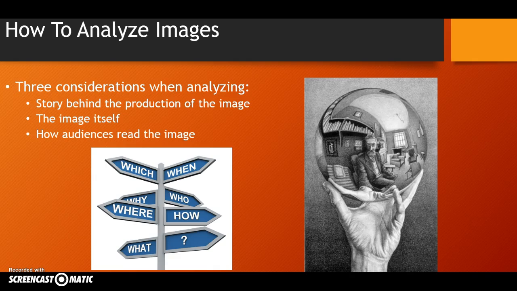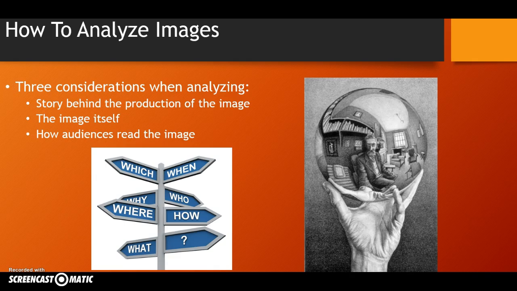How component parts are arranged, and use of color and technologies relevant to the genre. So whatever genre you're using, for example, if you're using photography, painting, or film. And then how the audience read the image. This is really the part that focuses on the audience and the audience process, what the audience is going through, responses of initial viewers, and then maybe they come back to the image after a while, and then what are their responses?